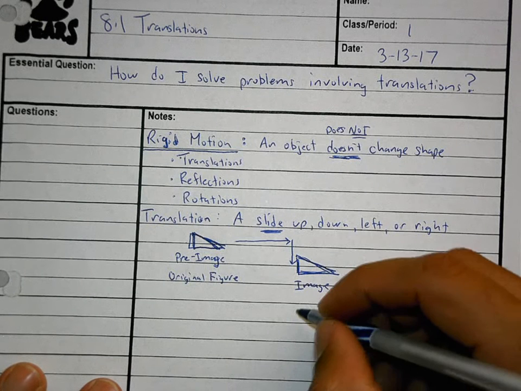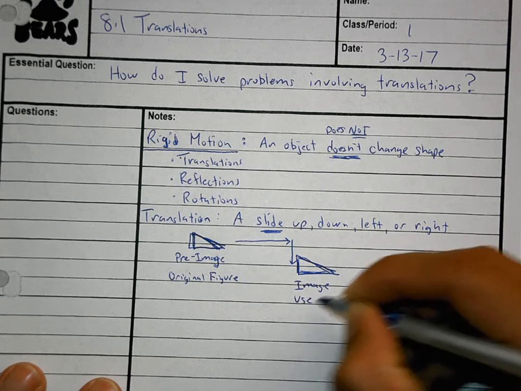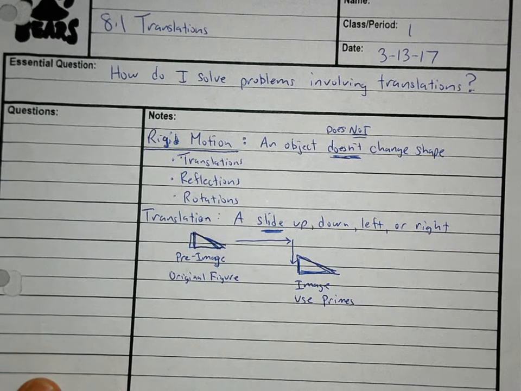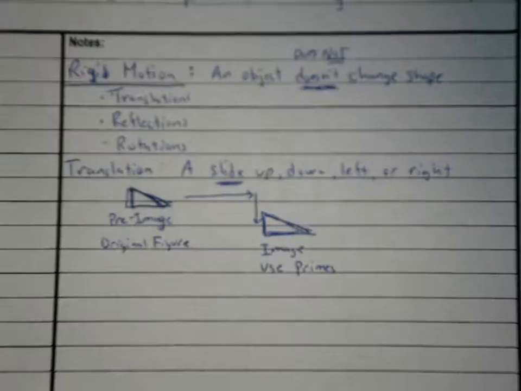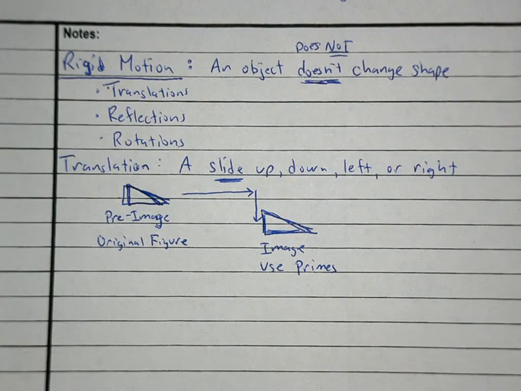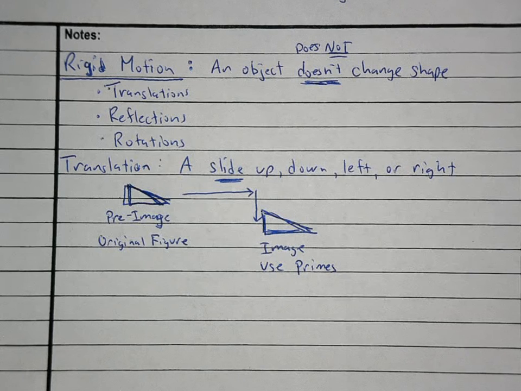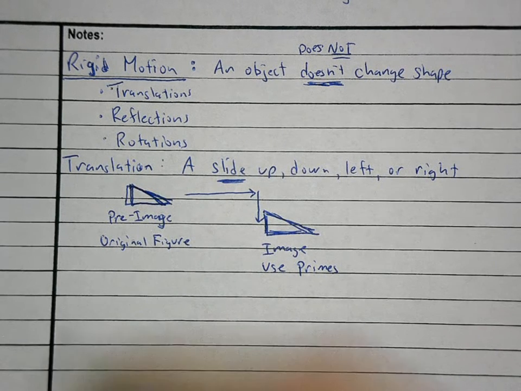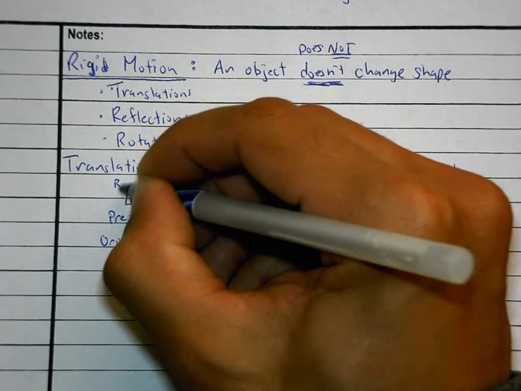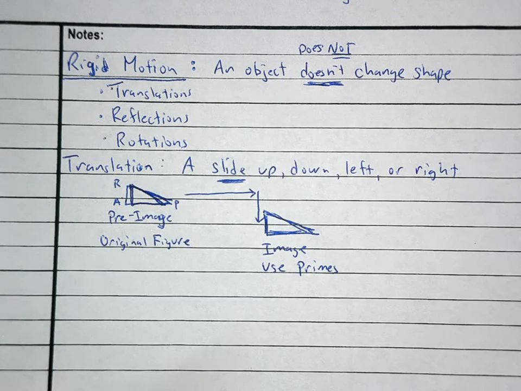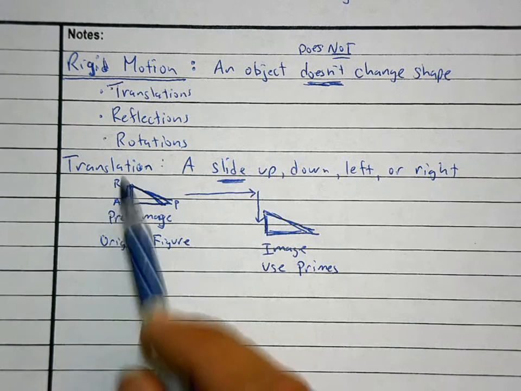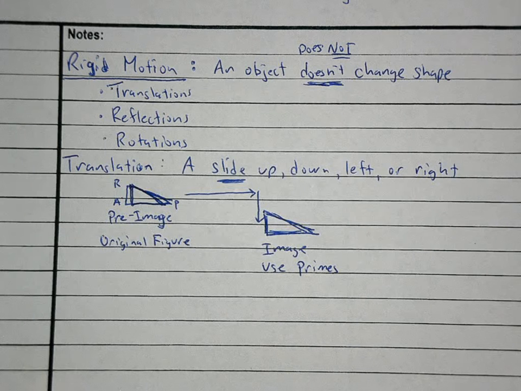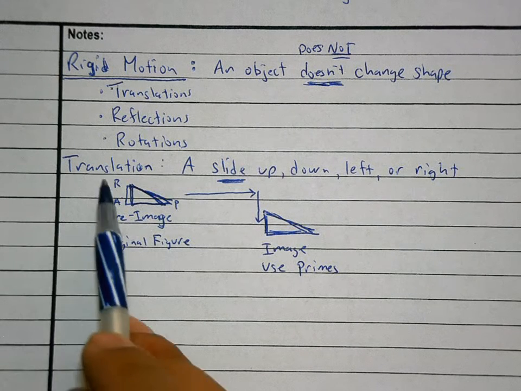A lot of times we use primes to let you know what the image is. I'll give you an example. I'll even zoom in here for you to see it. So for example, let's do RAP. If this is my triangle, RAP, and then I translate it to the right and I translate it down, this is my pre-image, RAP.